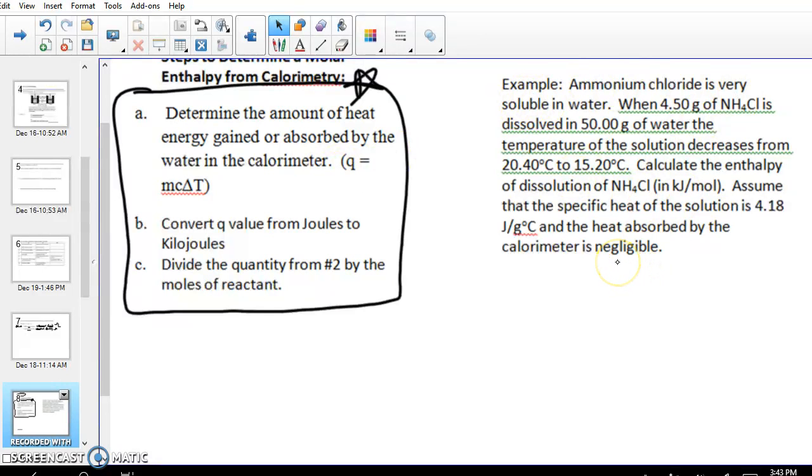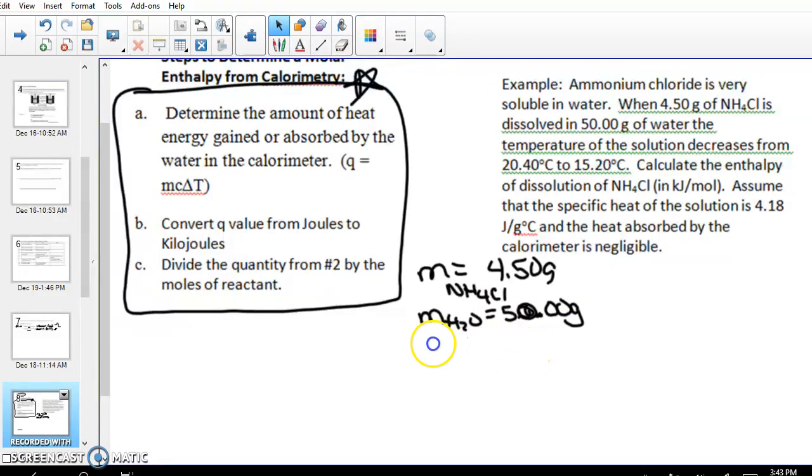So it says ammonium chloride is very soluble in water. I'm taking a mass of 4.50 grams of that ammonium chloride, and I am dissolving it in 50.00 grams of water. The temperature is going to go from 20.40 degrees Celsius to 15.20.